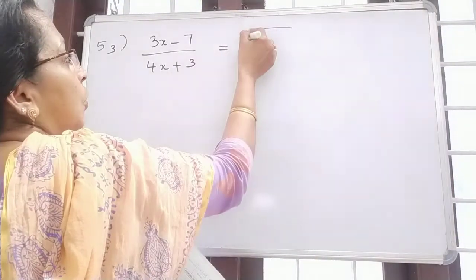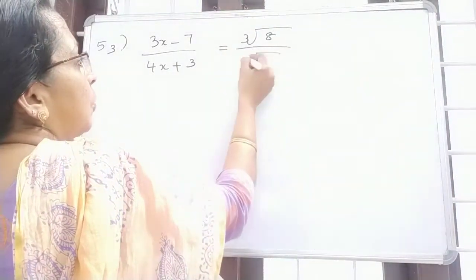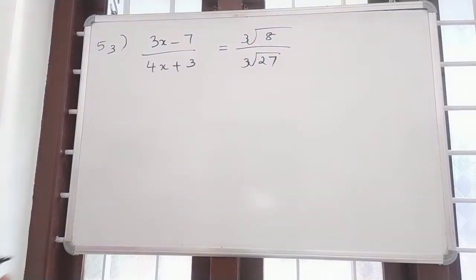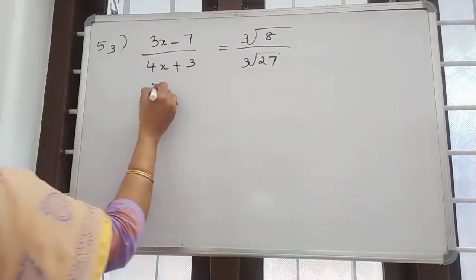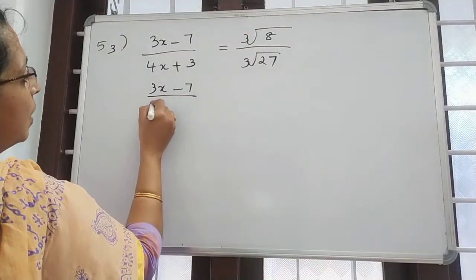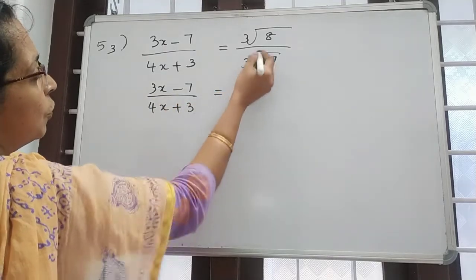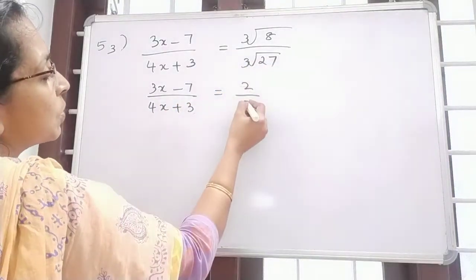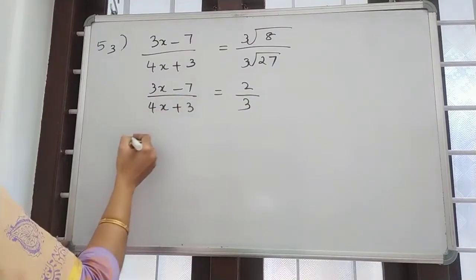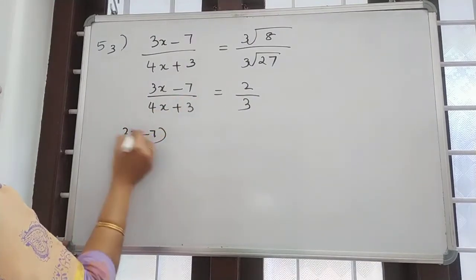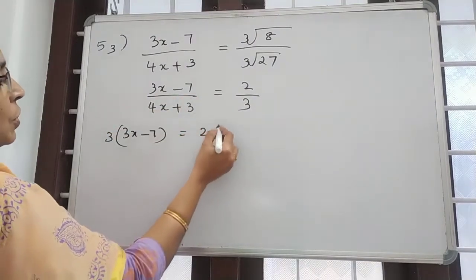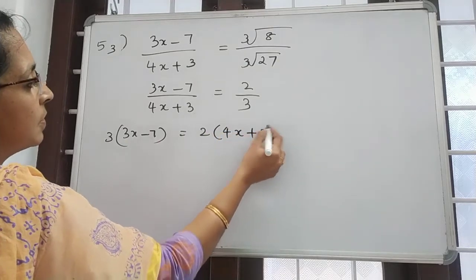So cube root of 8 divided by cube root of 27. 3x minus 7 divided by 4x plus 3 is equal to cube root of 8 is 2, cube root of 27 is 3. Cross multiplying, 3x minus 7 into 3 is equal to 2 into 4x plus 3.